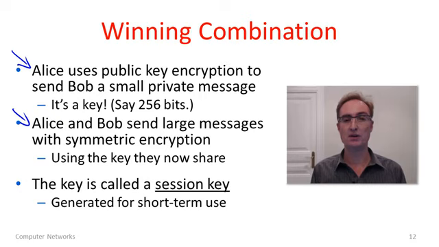So this technique is used very frequently in practice, and this key which they generate just to use, the symmetric key, is called a session key. So a session key is typically generated and used over the short term just for a particular session. And the next time you want to do it again, you generate a fresh session key.